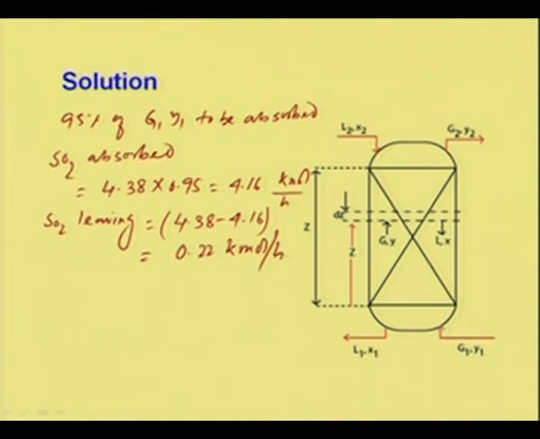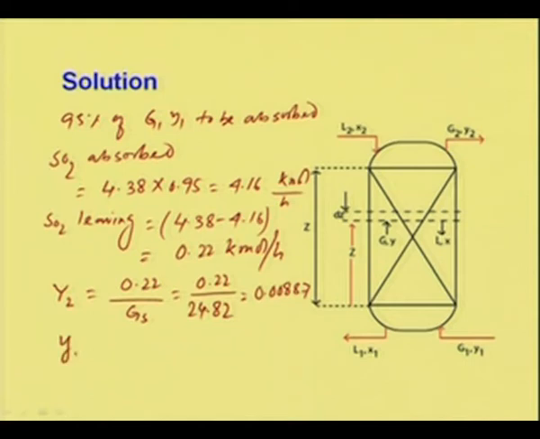Now, we can calculate concentration capital Y2, which is equal to 0.22 by Gs, which is 0.22 by 24.82, which is equal to 0.00887.